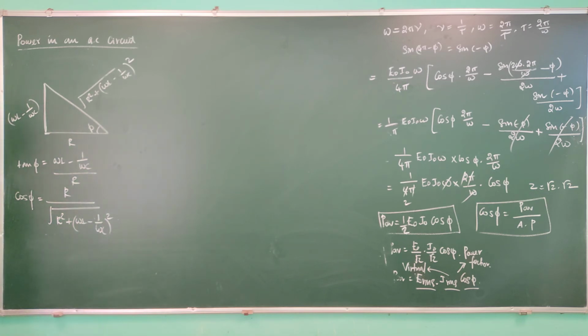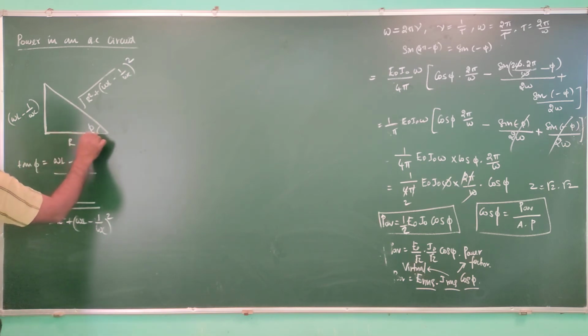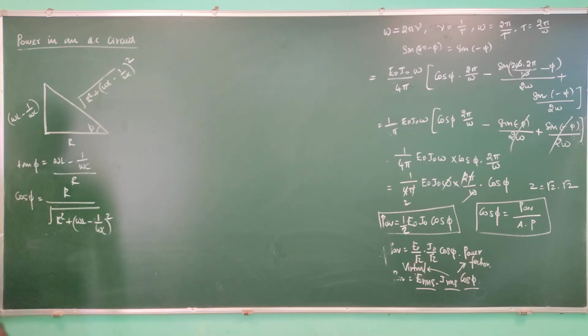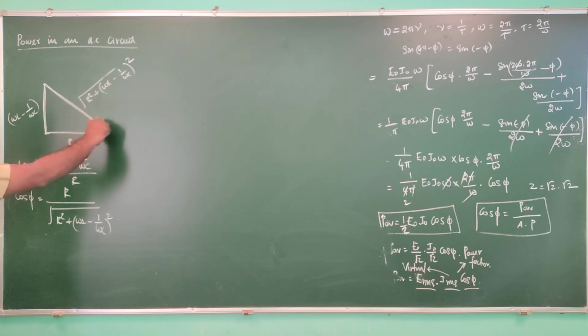Here we write the resistive component on the bottom adjacent side, and the inductive and capacitive reactances on the opposite side, so that the diagonal you can write like this.